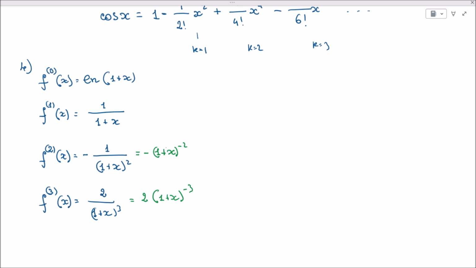So we see that we have a pattern, okay? So the possible generalization that we might think at this point is the following.